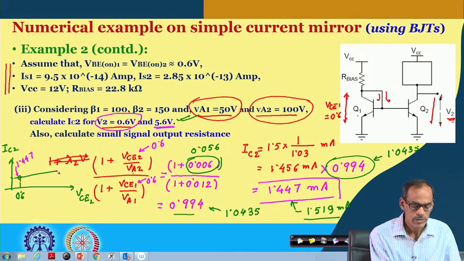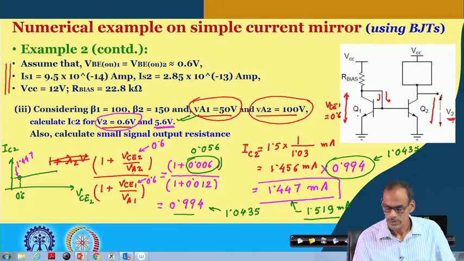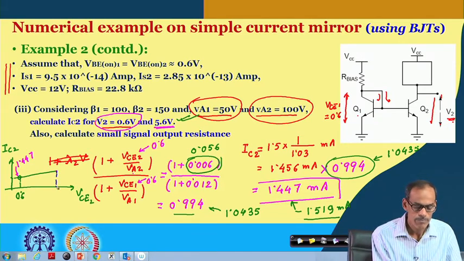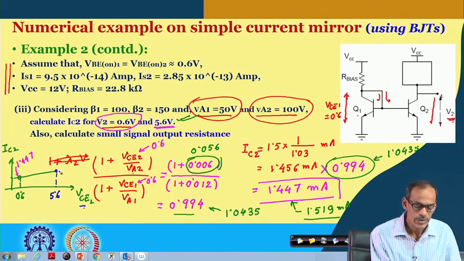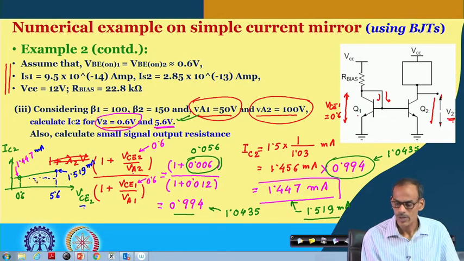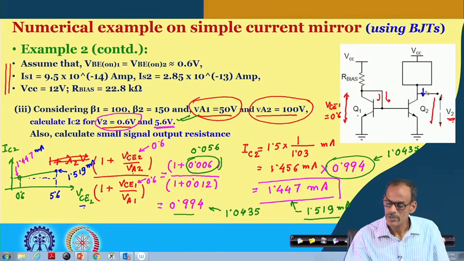On the other hand, at this point for 5.6 volt VCE2, the current is 1.519 milliampere. So, again, by considering the reciprocal of this slope, we can calculate the output resistance offered by this current mirror at its output.